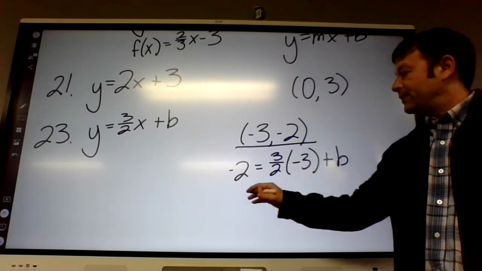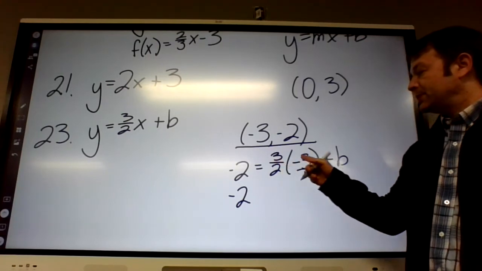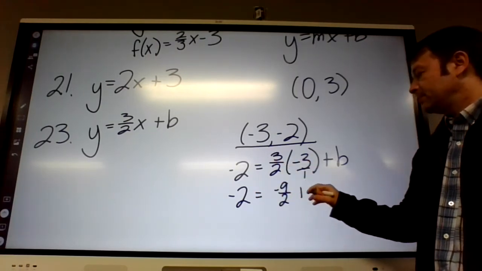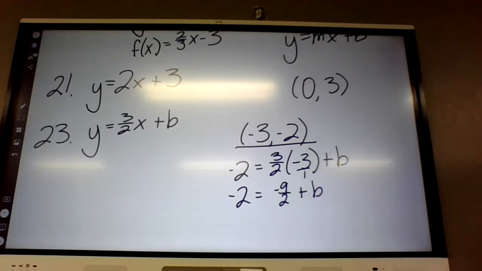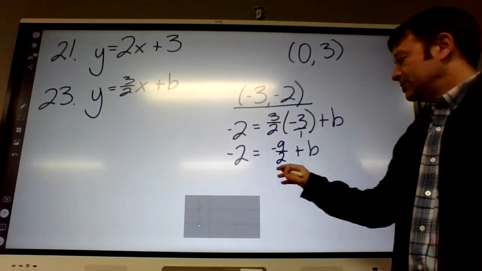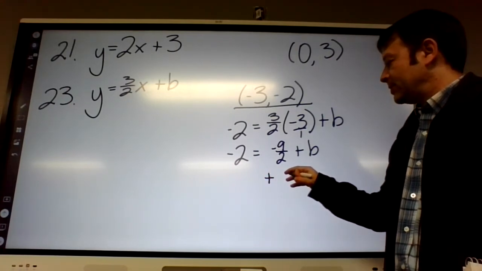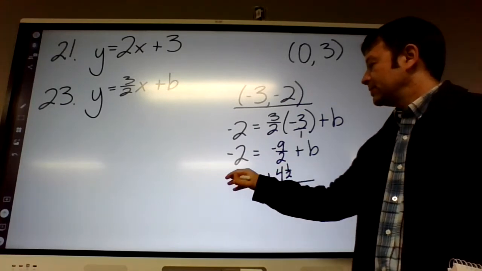3/2 times -3, it's like -3/1 times 3/2 is -9/2. Just do top times top. Do you guys know what 9/2 is as a mixed number? 9 divided by 2, if I have a calculator, I can figure it, 4.5. So instead of putting plus 9/2, I'm going to put plus 4.5.